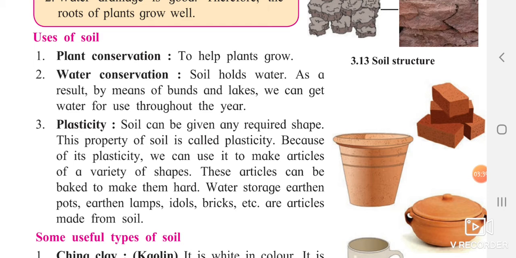Water storage pots, earthen lamps, idols, bricks, etc. are articles made from soil. We use these pots for keeping water also. The water in these pots remains cold for a longer period of time. In earlier times, when fridges were not available, people used these earthen pots for keeping the water cold.